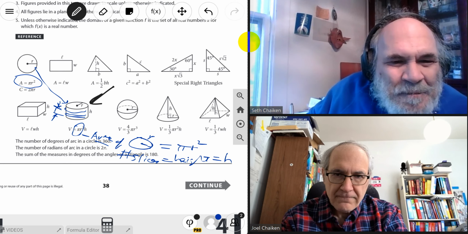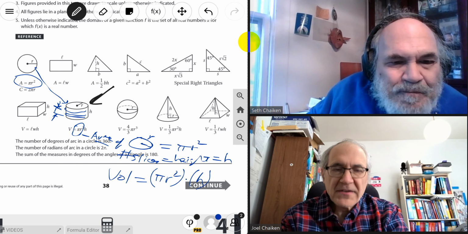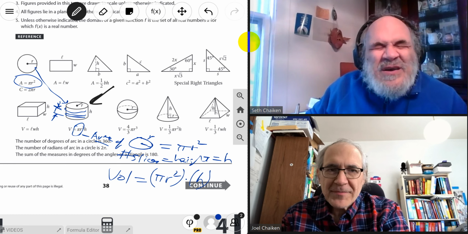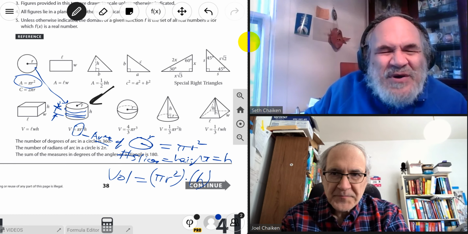So the volume equals pi r squared, which is the area, times height. Right, exactly. And that way you don't have to memorize this formula. So that relieves you of one step of memorization.